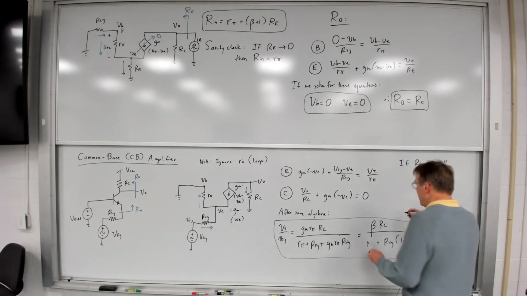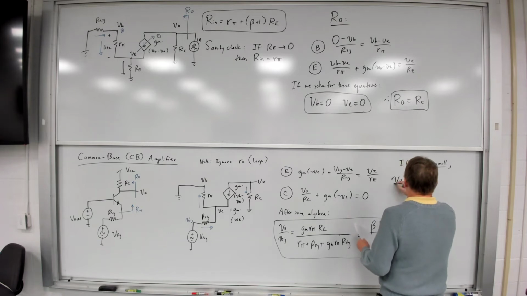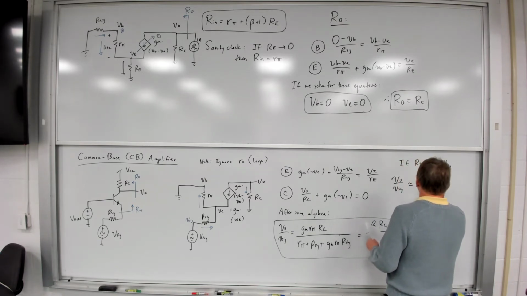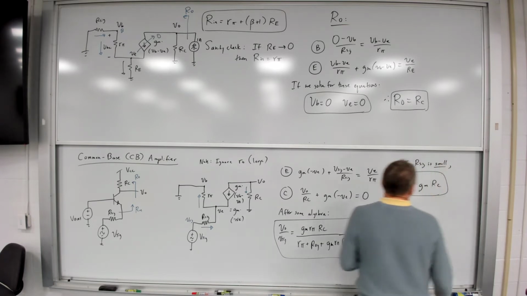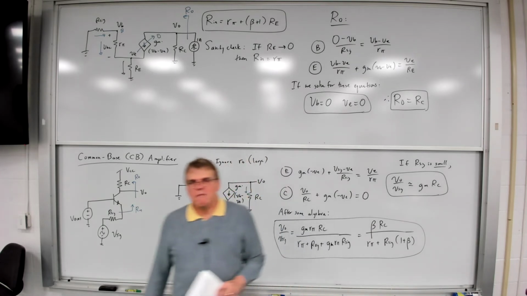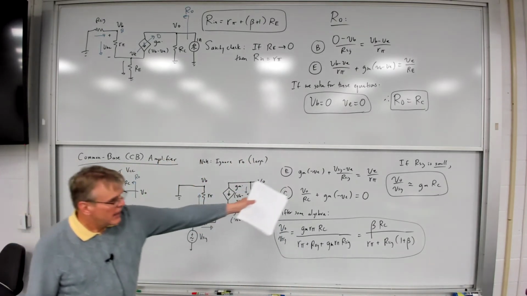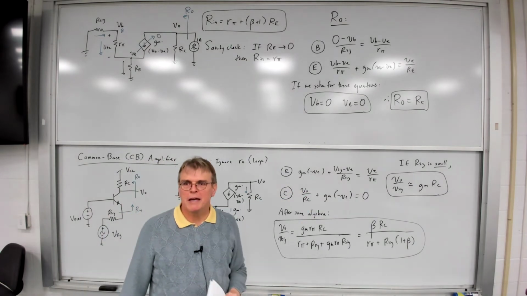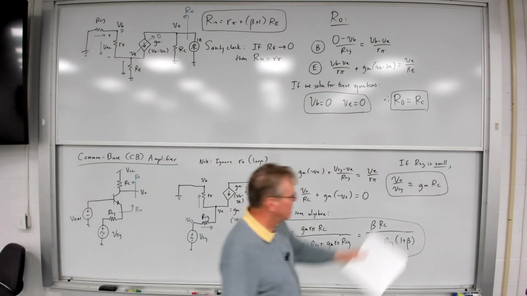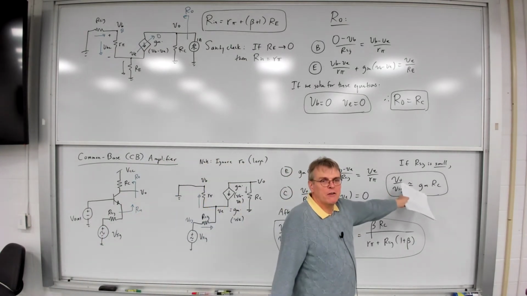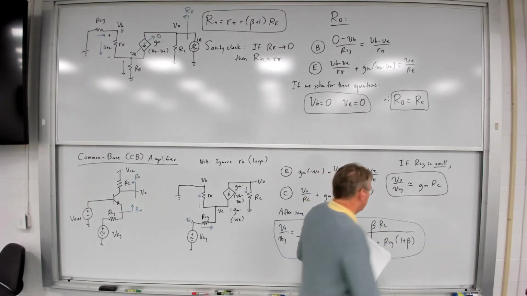And therefore the gain becomes this. VO over Vsig will be approximately equal to gm times RC. And what do we have here? The common base amplifier has the same gain magnitude as the common emitter amplifier, but now it's a non-inverting instead of an inverting amplifier.